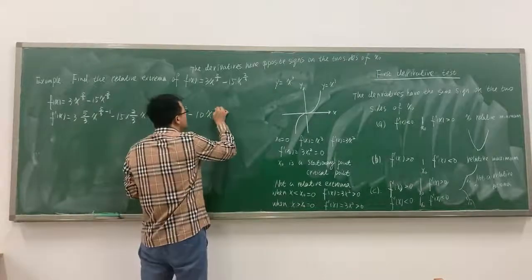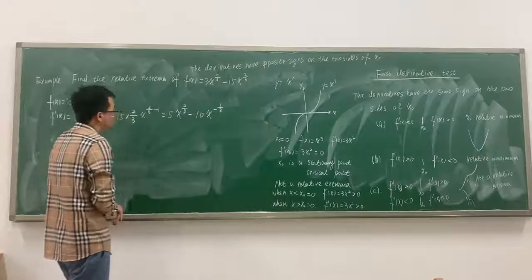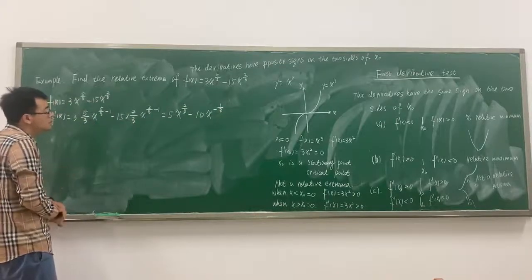So here is 5 x to the power 2/3, minus 15 times 2/3, which is 10, times x to the power 2/3 minus 1, which is minus 1/3. So this is the derivative.